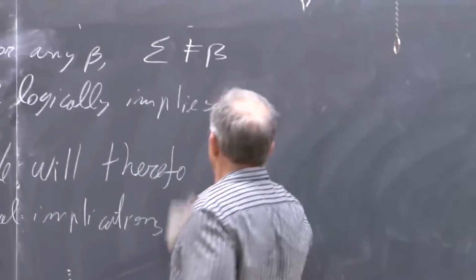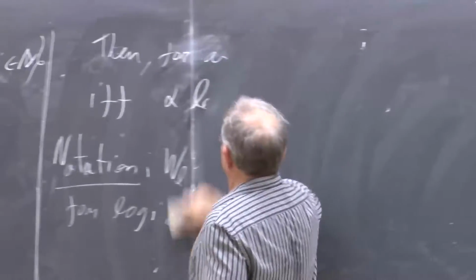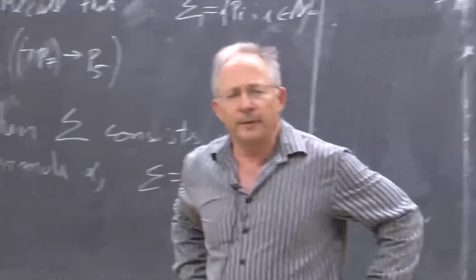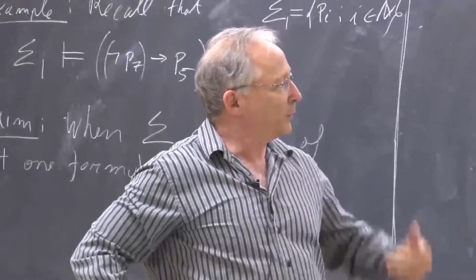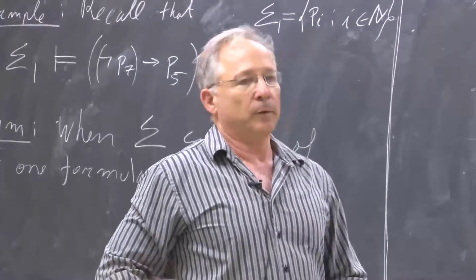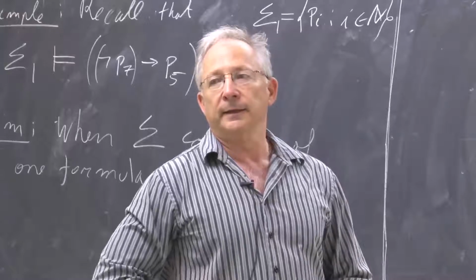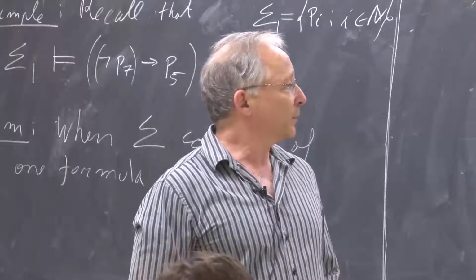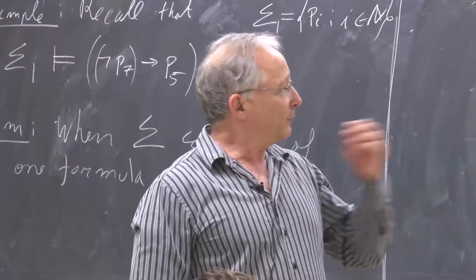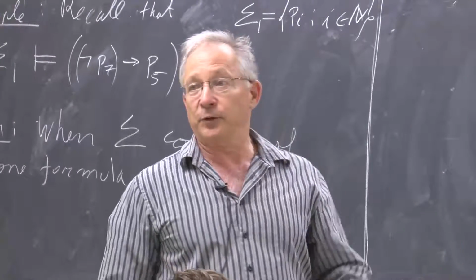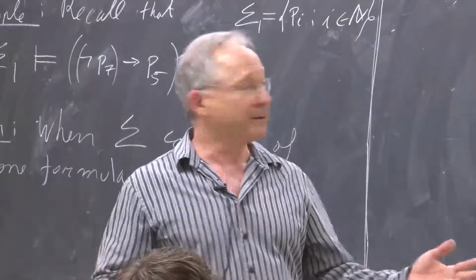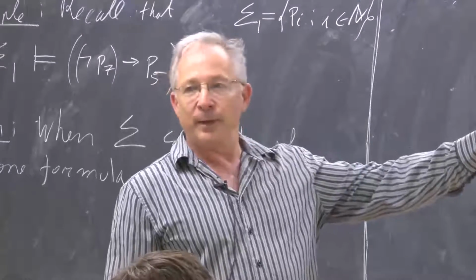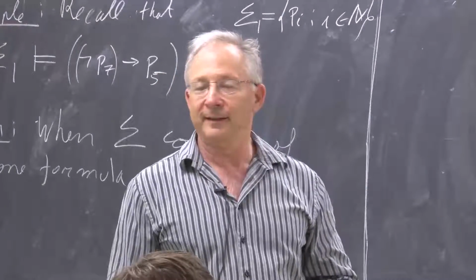So let me just tell you one anecdote about this notion. The philosopher and mathematician that developed all of this theory in a formal way was Bertrand Russell. He was a British philosopher at the beginning of the 20th century, and he gave a talk about this to a general audience that is interested in science. And he said, if sigma contains a contradiction, then sigma implies every other statement.